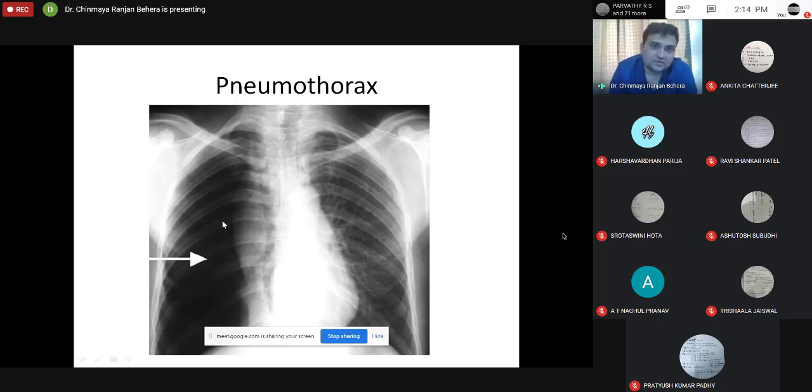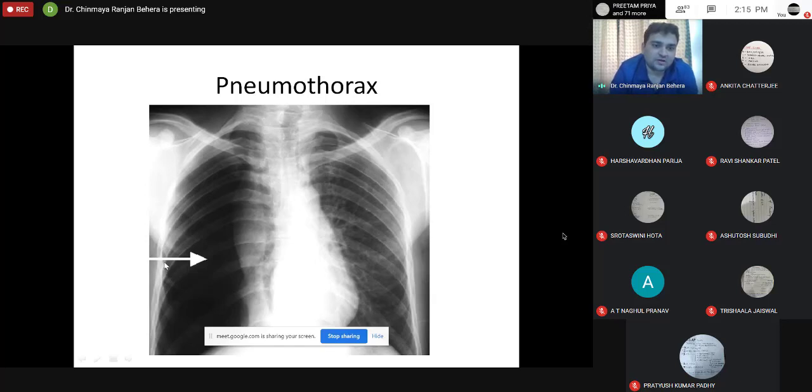Okay, so when you see pneumothorax, what is the treatment? You will put an intercostal drainage tube. The intercostal drainage tube is put basically in the fourth or the fifth intercostal space on the same side, on the right side.